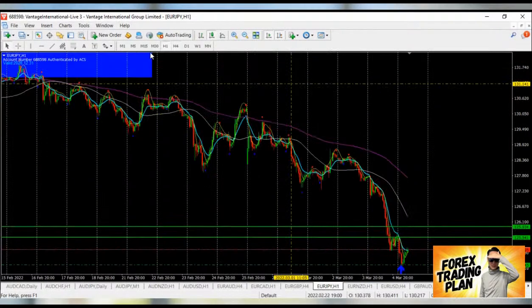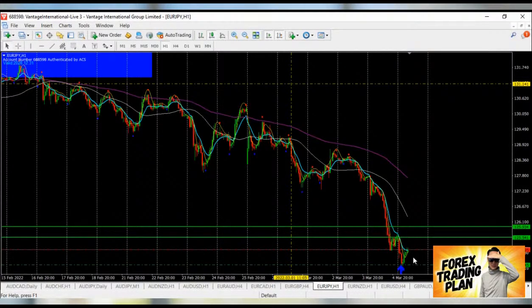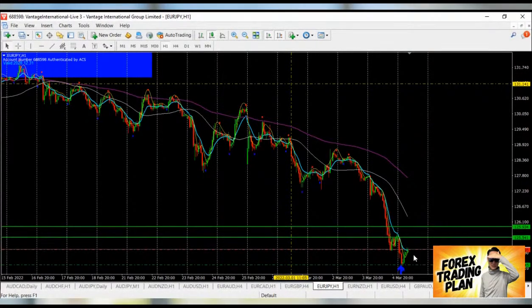Right now we are on the resistance for euro yen. If it's not breaking, then we have a chance to sell, when the selling comes with green and red candles.